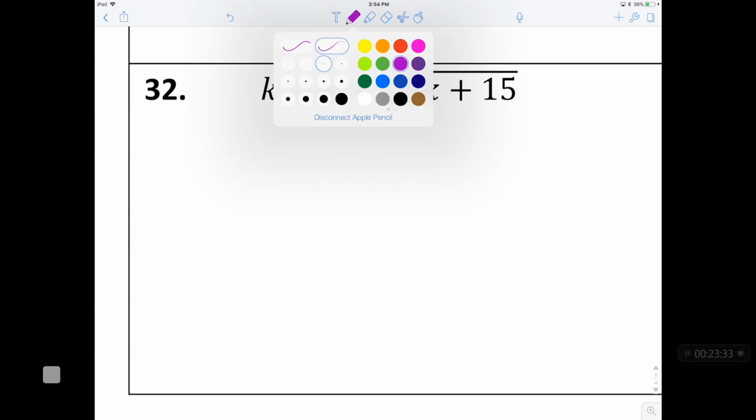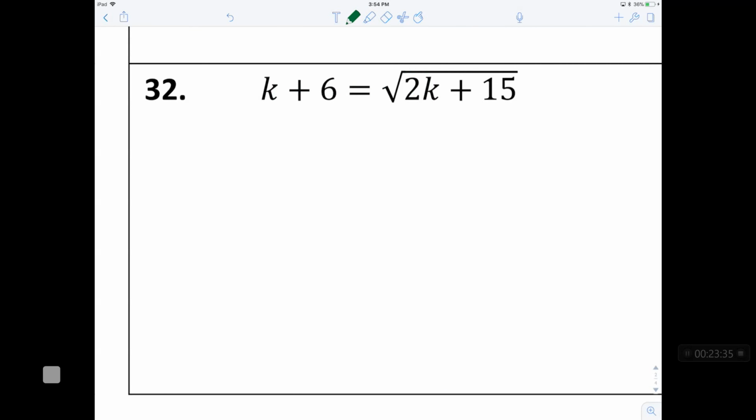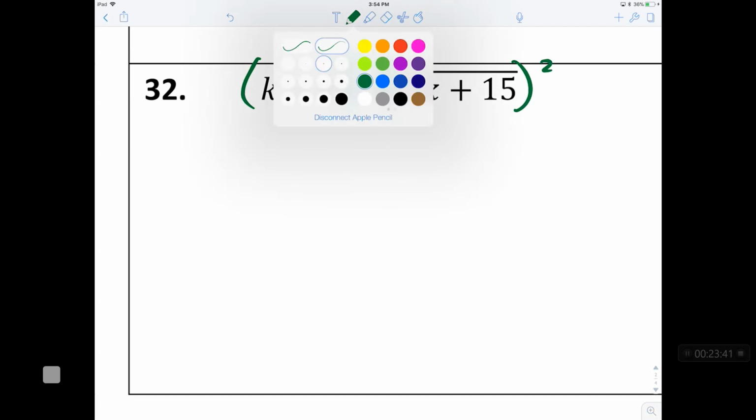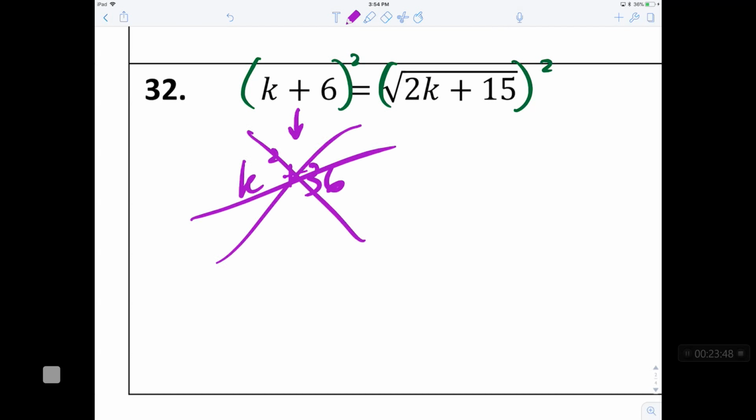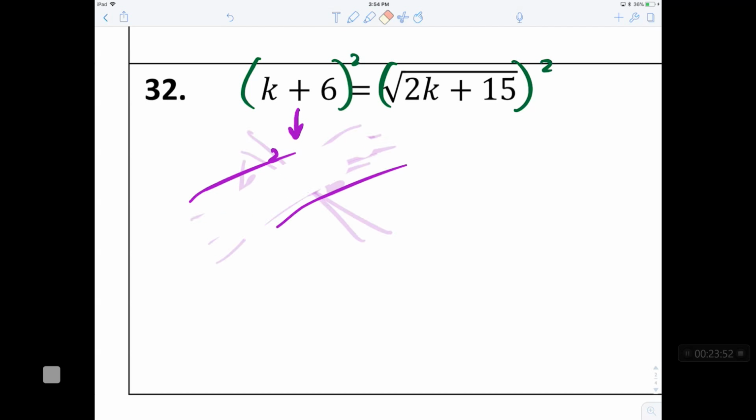So let's check this one right here. This one's a little bit tougher because I have the square root already by itself, so I want to square it. That means I need to square this. Now, when I do this, this is not k squared plus 36. It is not that. Okay, so remember, do not make that mistake, and we've talked about that in the past.